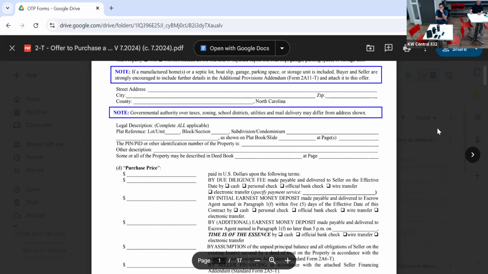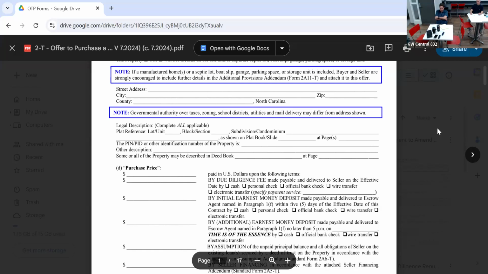So, plat reference, lot and block, you probably aren't going to have that information very much. That was the old tax reference system. They've moved away from it to a different system. Occasionally, if it's new construction, it might reference a lot in a community, that sort of thing.